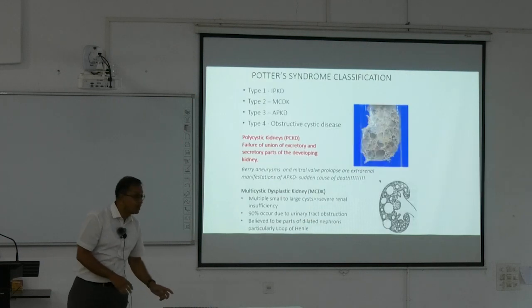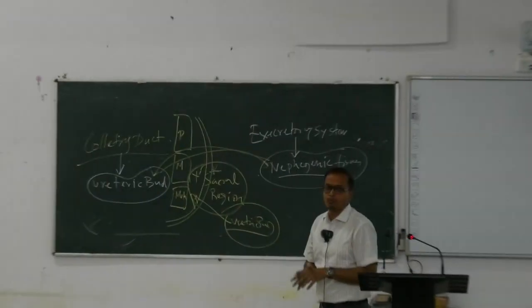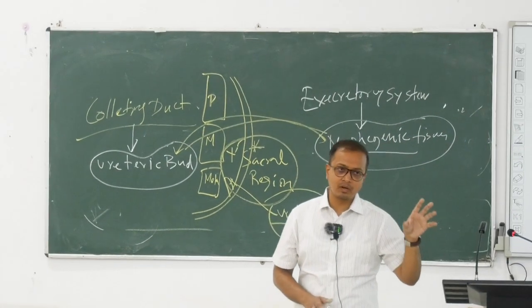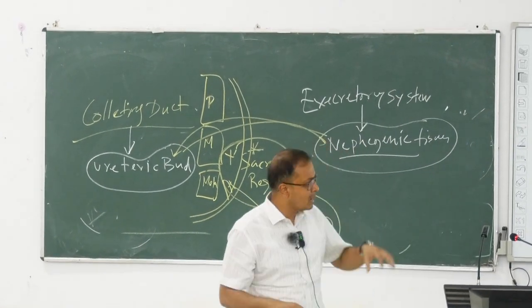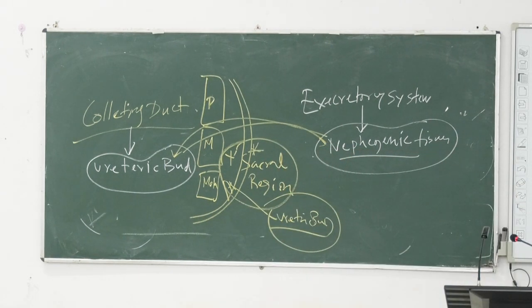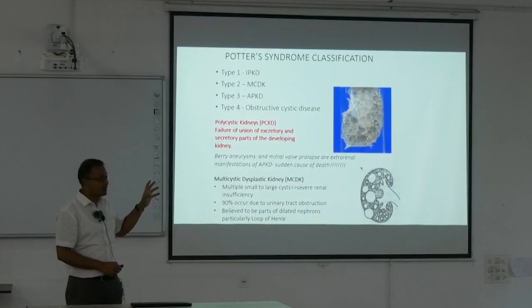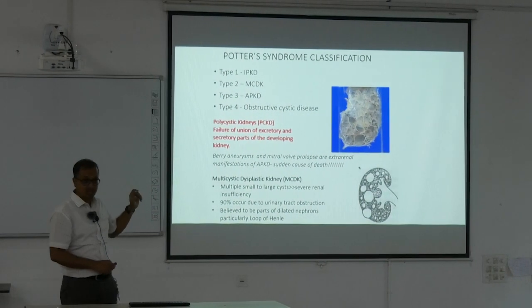Another developmental error: if there is a non-union or improper interaction between the excretory part and the collecting part, we may have urine stuck within the kidney tissue, the parenchyma itself, as cystic structures. This is known as congenital polycystic kidney.